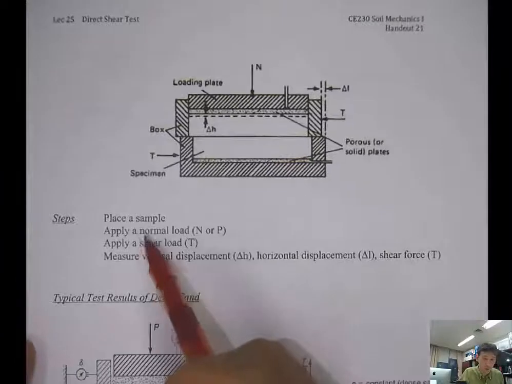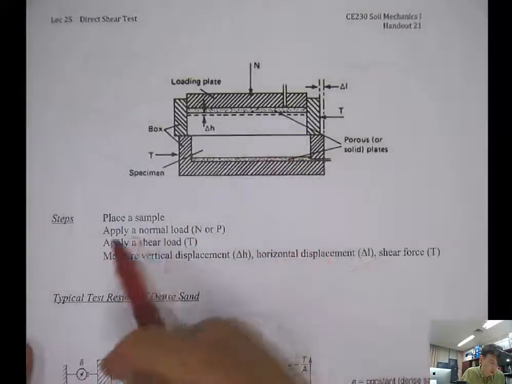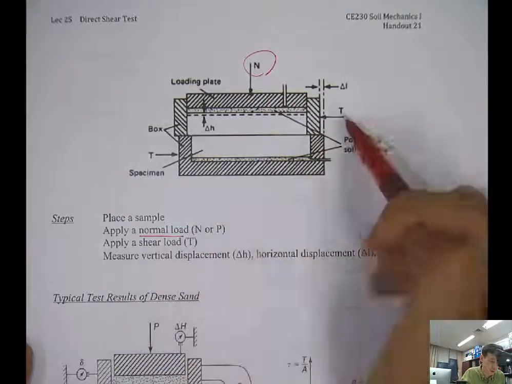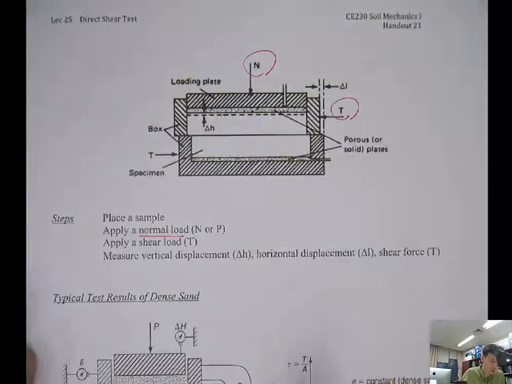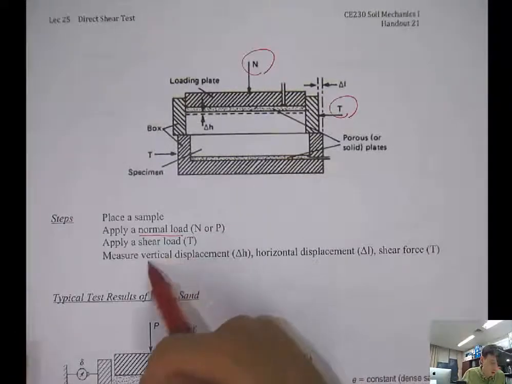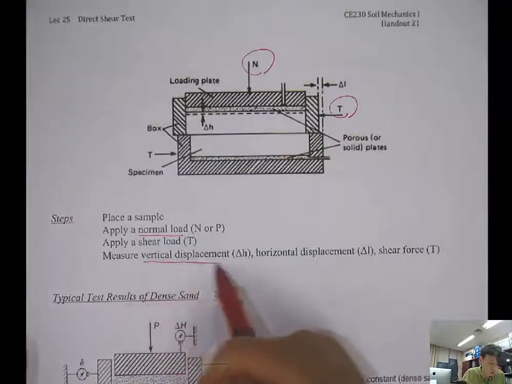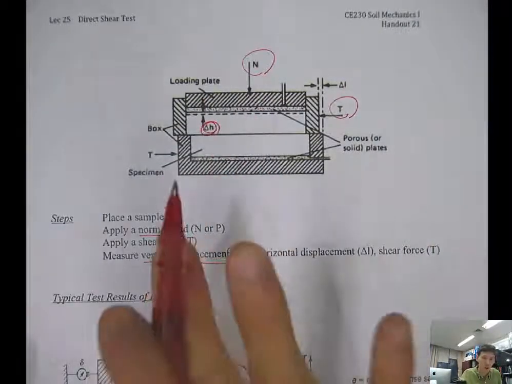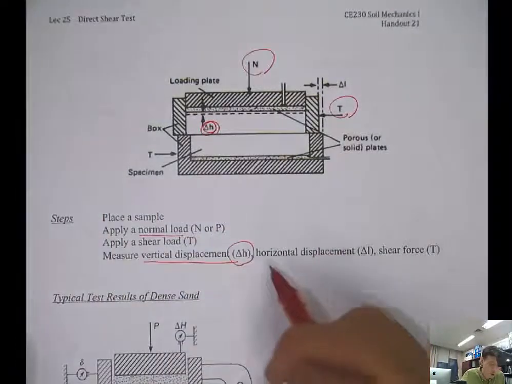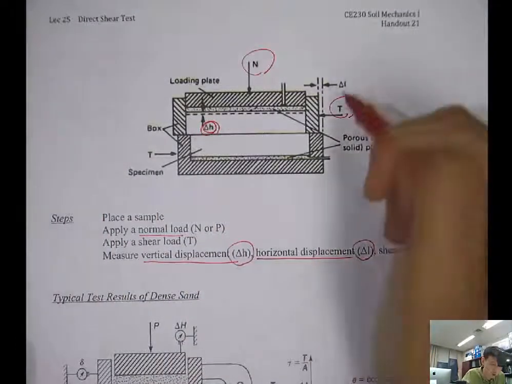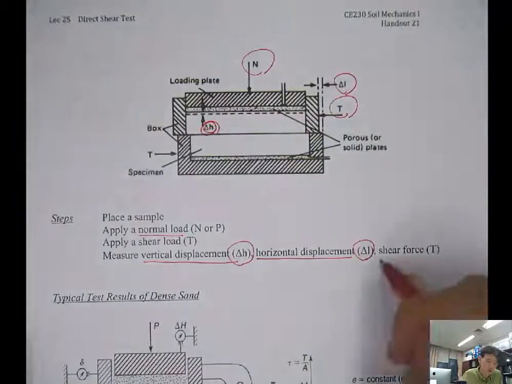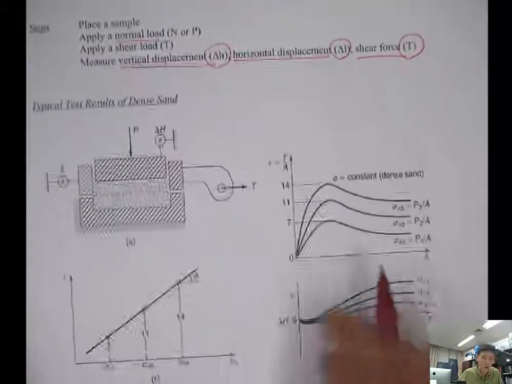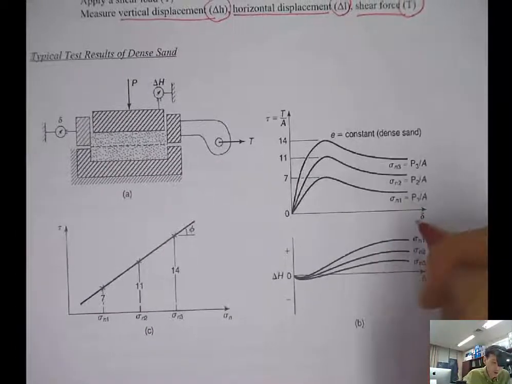Place a sample inside the shear box, and then apply the normal load N, and then apply the shear load T. And during that shearing, you have to measure the vertical displacement delta H, which is this one, whether this loading cap is moving up and down during the shearing, and the horizontal displacement delta L, which is this one, and the shear force T. So then you can plot this kind of a graph.